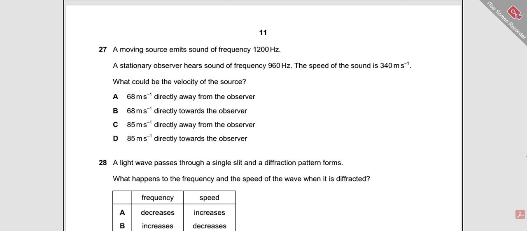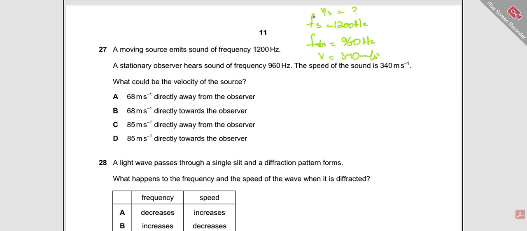Then a moving source emits sound of frequency 1200 hertz. That is, the frequency of the source is 1200 hertz. A stationary observer hears a sound of frequency 960 hertz, that is the observed frequency, the apparent frequency or the shifted frequency. The speed of sound is 340, and we have to find the velocity of the source.